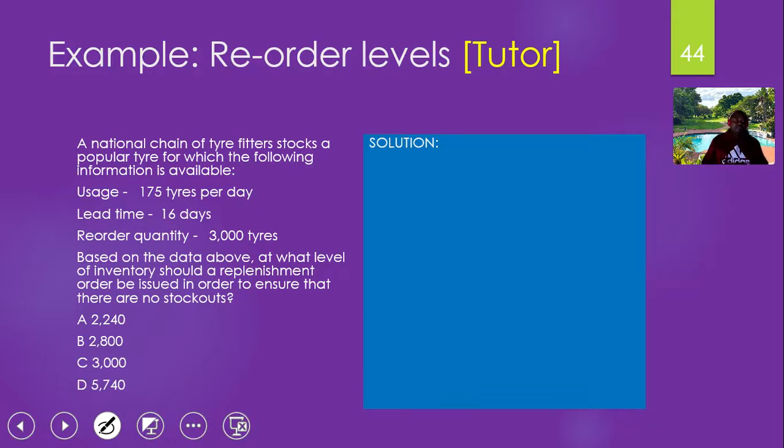Lead time 16 days. Reorder quantity 3,000 tires. Based on the data above, at what level of inventory should a replenishment order be issued in order to ensure that there are no stock outs? So here we need to determine the reorder level.